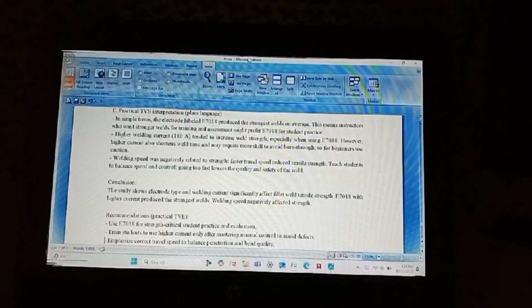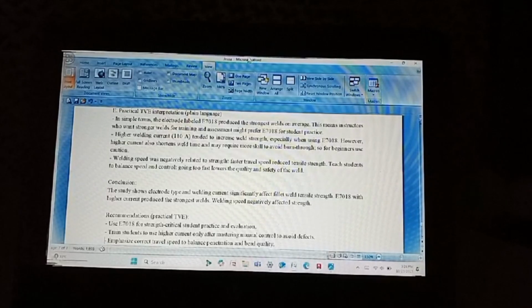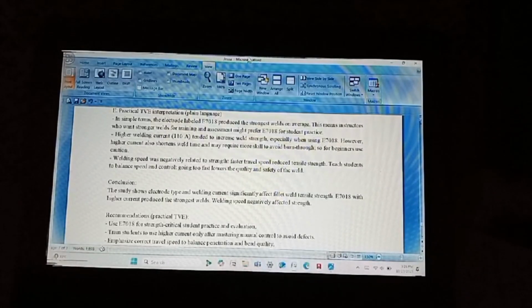Practical TVE interpretation in plain language. In simple terms, the electrode labeled E7018 produced the strongest welds on average. This means instructors who want stronger welds for training and assessment might prepare E7018 for student practice.